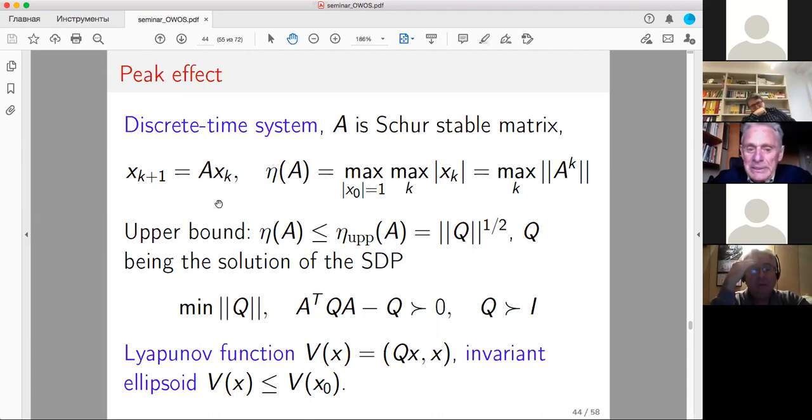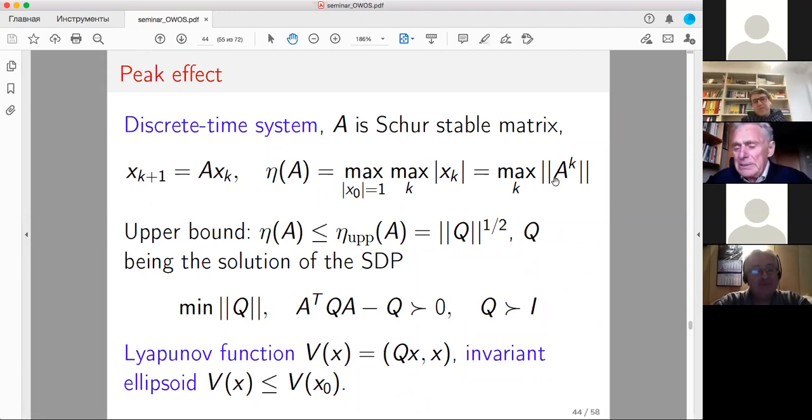So we have the simplest discrete time system. A is a matrix, and A is a Schur stable matrix. But what happens? How large can the norm of xk be, maximized over k and over all initial conditions of norm 1?